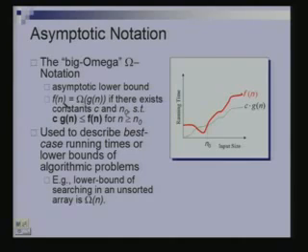A function f of n is omega of g of n if a constant times g of n is always less than f of n in the limit, beyond a certain n naught, as this picture illustrates. So f of n is more than c times g of n beyond this point n naught. In that case we say that f of n is omega of g of n.